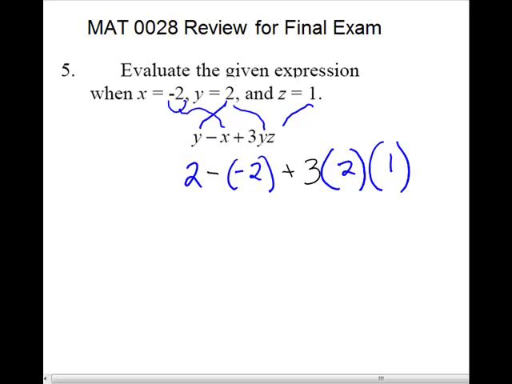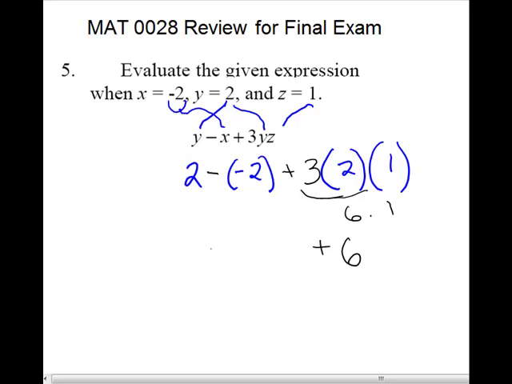Now we go with order of operations. These parentheses don't count because they don't have math inside. There is no exponent. Third level is multiplication or division. So we do have some multiplication. You go across left to right. So 3 times 2 is 6, times 1 is still 6. We'll bring everything else down.